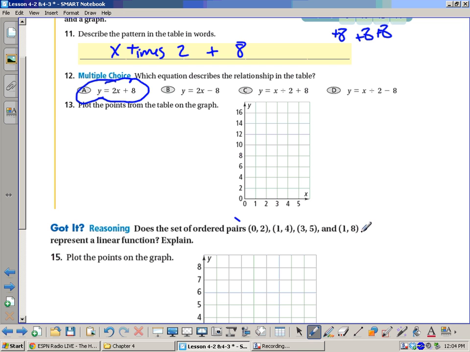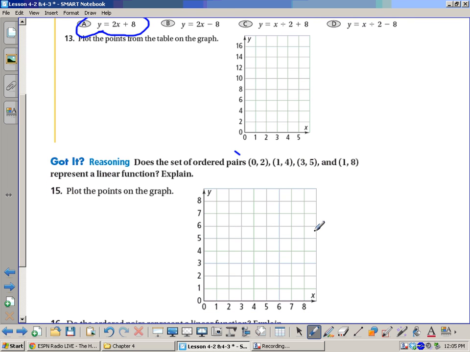So does the set of ordered pairs here represent a pattern? I'm going to leave the graphing for yourself to graph those ordered pairs and see if that one's linear. But what I'd like to do is get down here to this pattern here, and we want to see if this one is. So if we graph these, we get 0 for x, y is 2, 1 for x, 4 for y, 3 and 5, and then 1 and 8.